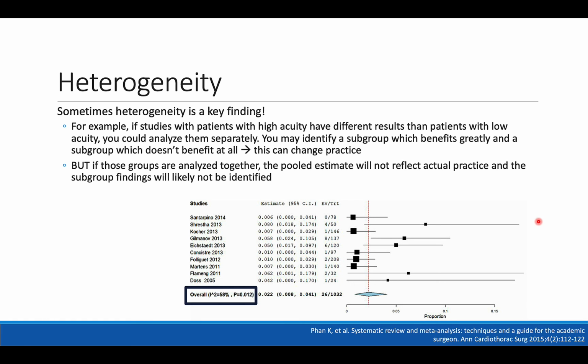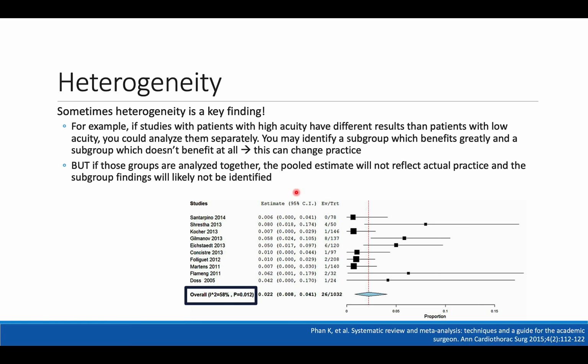But what you wouldn't see is that it was actually very beneficial in low acuity patients. That's why when you see high heterogeneity, you essentially do a subgroup analysis where you look at those individual populations separately and then pool those individual populations. So essentially, using the I-squared statistic is how we're going to assess heterogeneity.